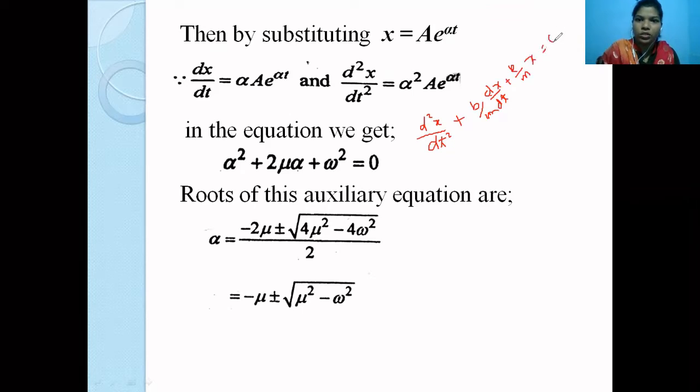So this is our equation: d2x by dt square plus b by m dx by dt plus k by m into x equals 0.